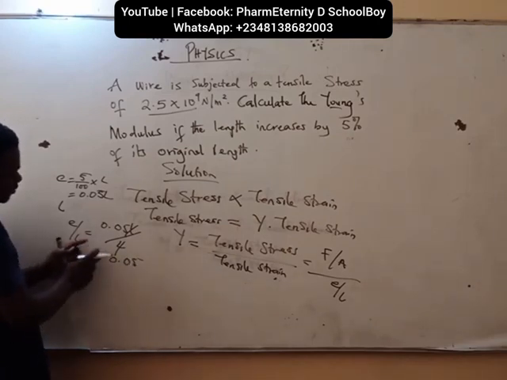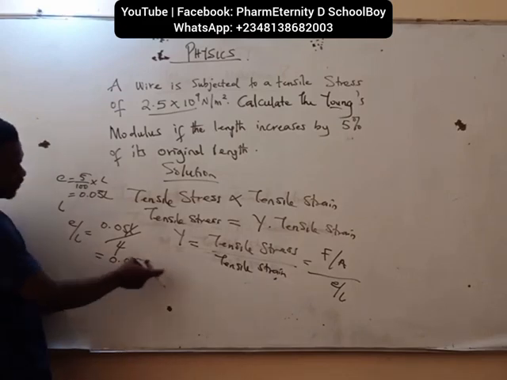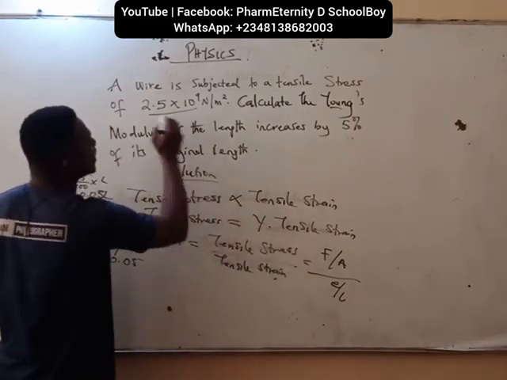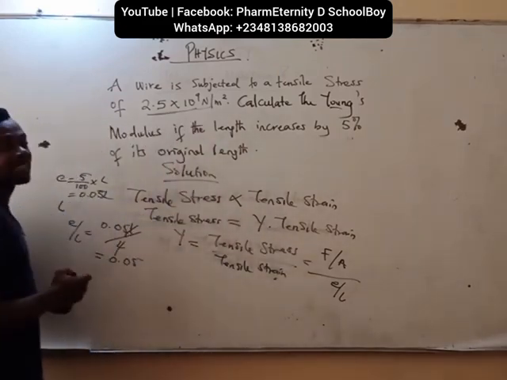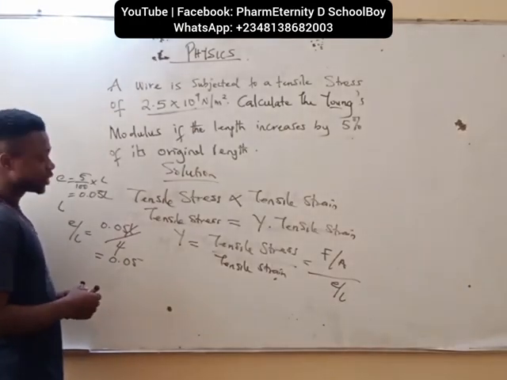So this E over L is 0.05, while F over A is 2.5 times 10 to the power 9 Newton per meter squared.